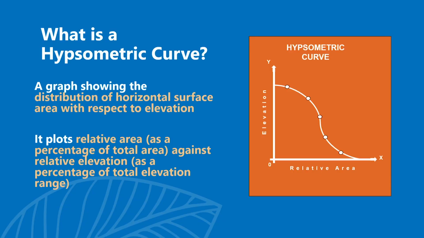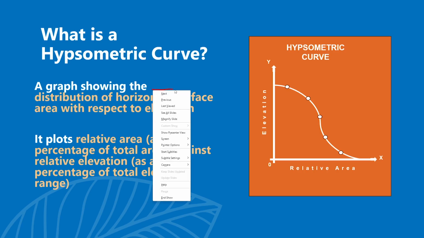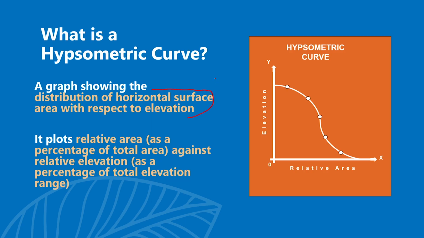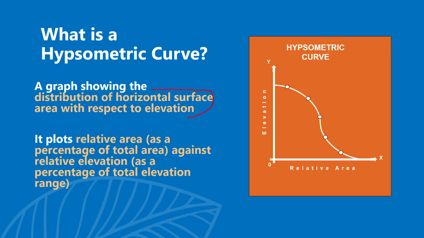Okay, so what does a hypsometric curve basically do? It is a graph that shows the distribution of the horizontal surface area with respect to elevation. Basically, it will tell you how much area falls under a certain category of elevation.